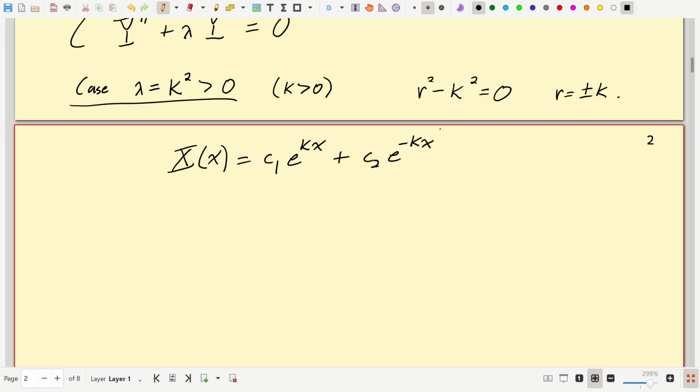And we're going to rule those out, because if you think about it, this one goes to infinity as x goes to the right. That's not good. We don't want things to get hotter than hell. And this one goes to infinity on the other side, as x goes to the left.